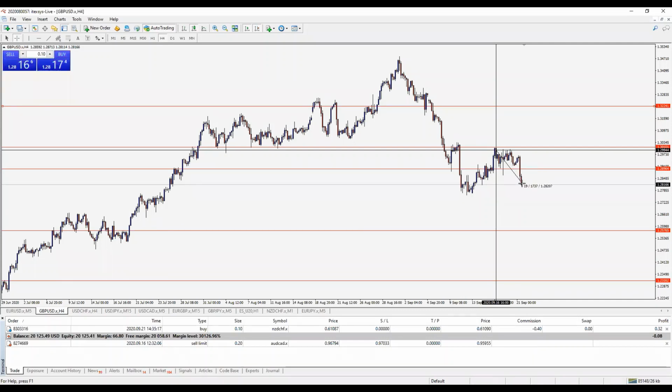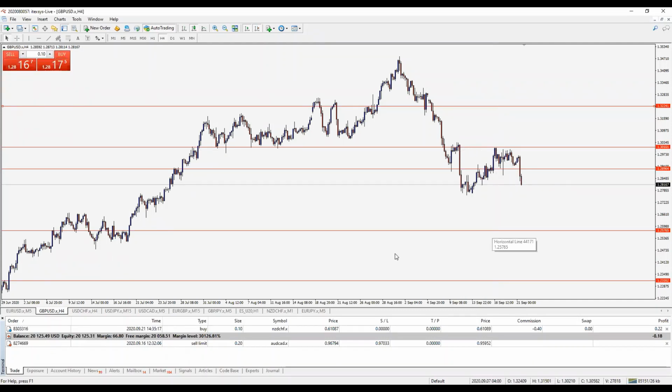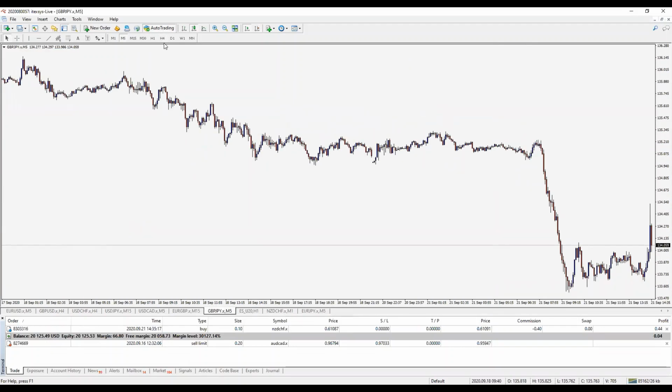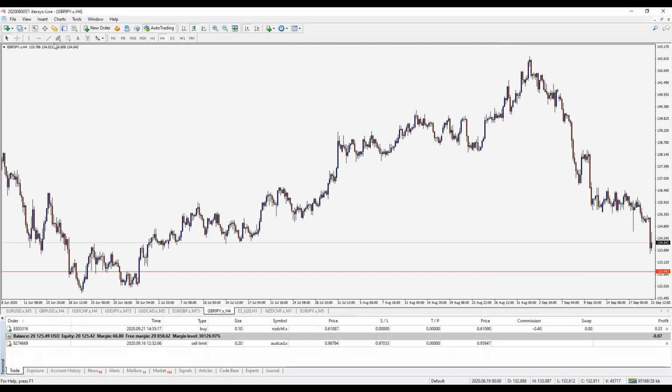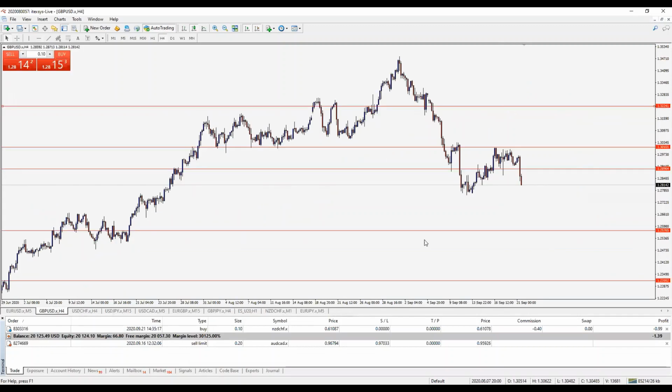The picture here in the pound dollar and in the pound yen, as I remember, were exactly the same, but in the pound yen, the price didn't rise up to visit this supply. So in the pound dollar, it happened, and you can see the nice reaction of this supply.